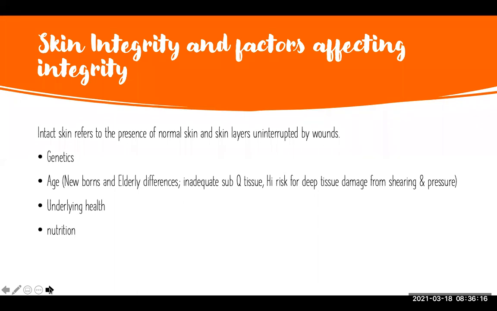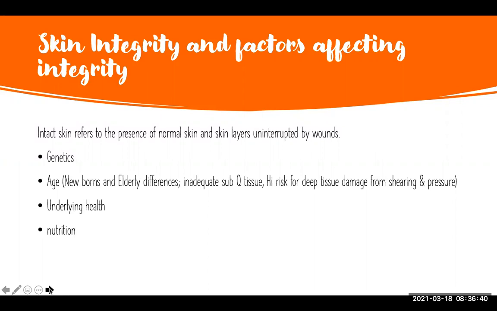Age is big. The very elderly and the very young are most at risk for injury to the integrity of the skin. The elderly, as we grow older, we start losing that fat layer. The subcutaneous layer becomes thinner and less, so they're more prone to shearing and friction injuries because of that.